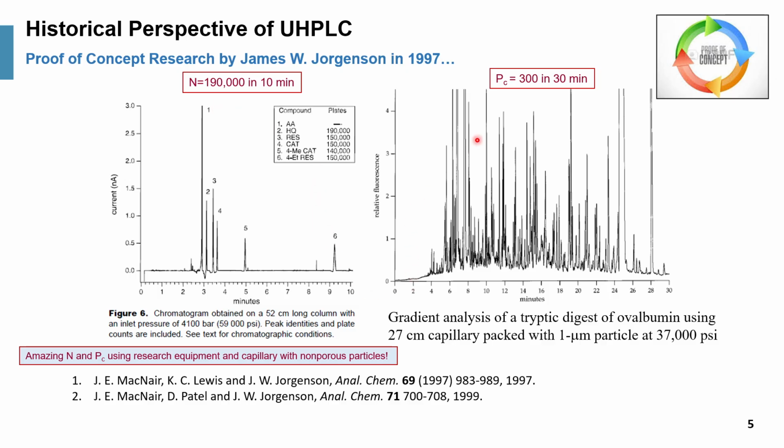And the peak capacity, which is also equally impressive under gradient conditions, a peak capacity of 300 in about 30 minutes. So this is the first proof of concept research by Professor James Jorgenson.